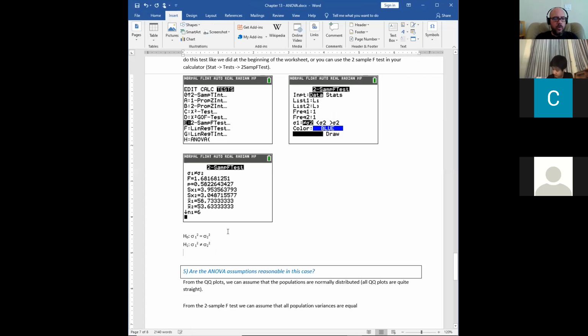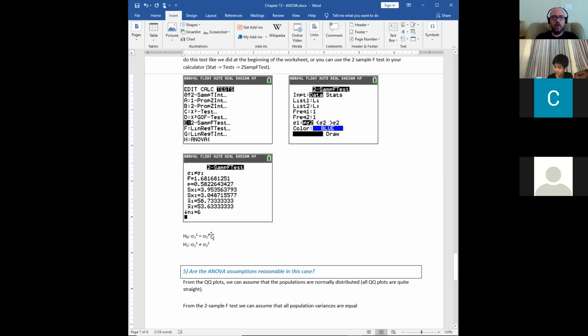And then when you look at the two sample F-test, it tells us that our p-value is 0.582. So what does that tell us we think? So we accept it. Yeah, we're going to accept the null hypothesis that sigma 1 equals sigma 2, or sigma 1 squared equals sigma 2 squared, just to say the variances are equal, right? That's what we were checking for.